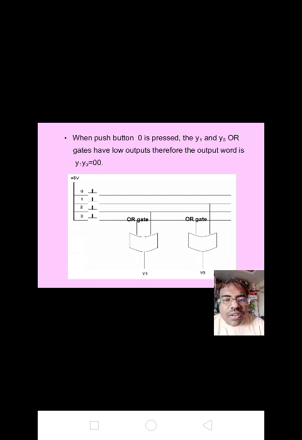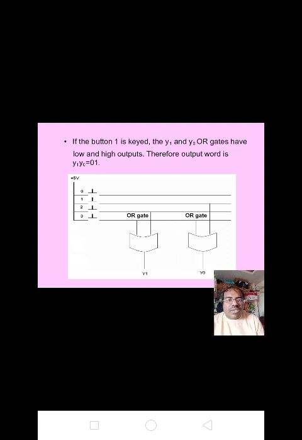Okay, when push button 0 is pressed, then the y1 and y0 OR gates have low outputs. Therefore, the output word is y1, y0 equal to 0, 0. Next, if button 1 is keyed, then the y1 and y0 OR gates have low and high outputs.